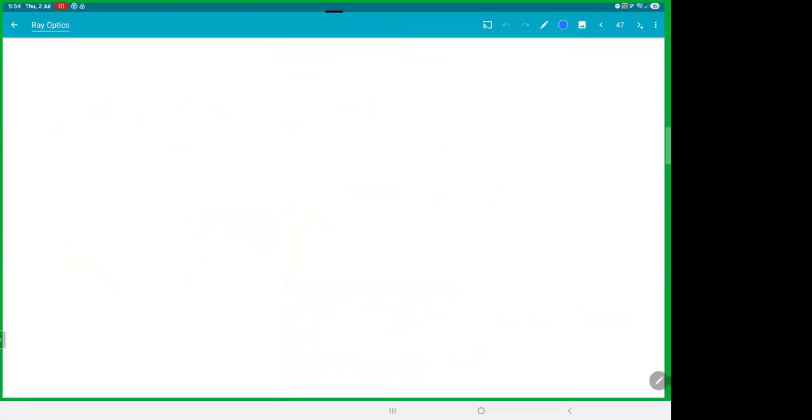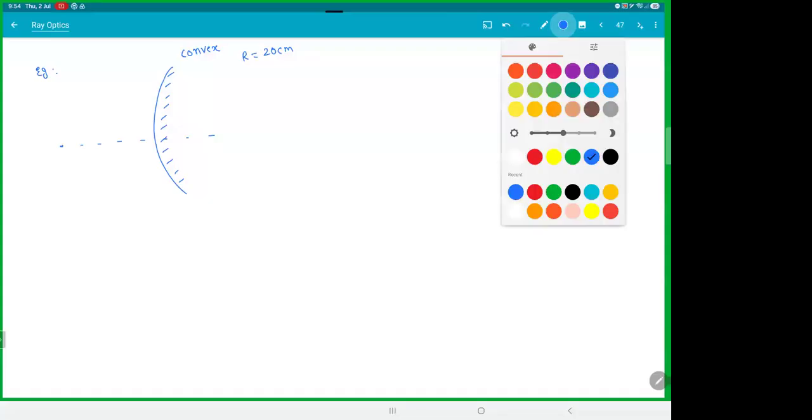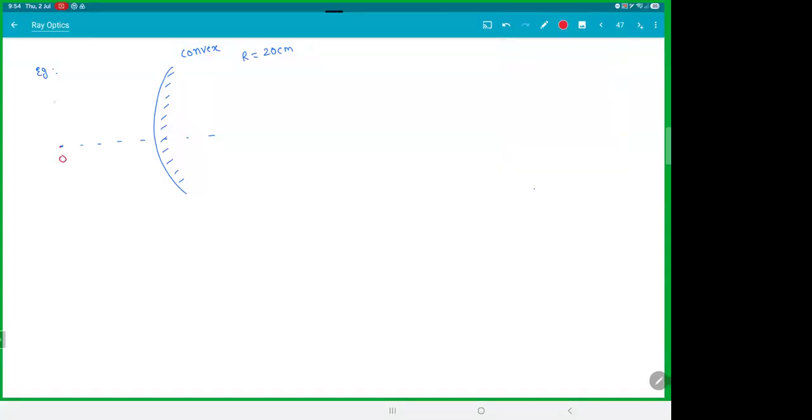Next thing. U and V we have covered. Even for radius of curvature, we have a sign convention. For example, let's say we have a convex mirror, and let's say the radius of curvature is 20 centimeters. Now, if your object is here, the light rays are coming this way.